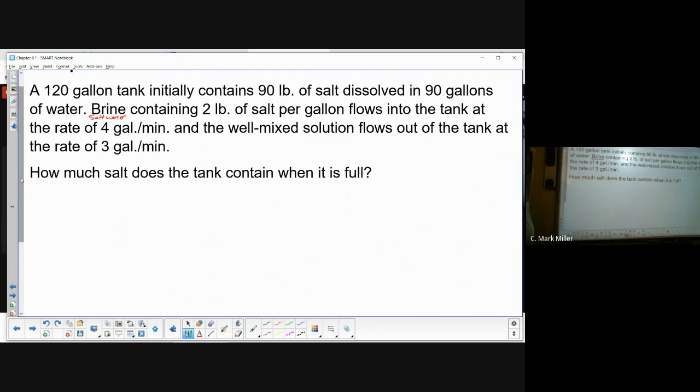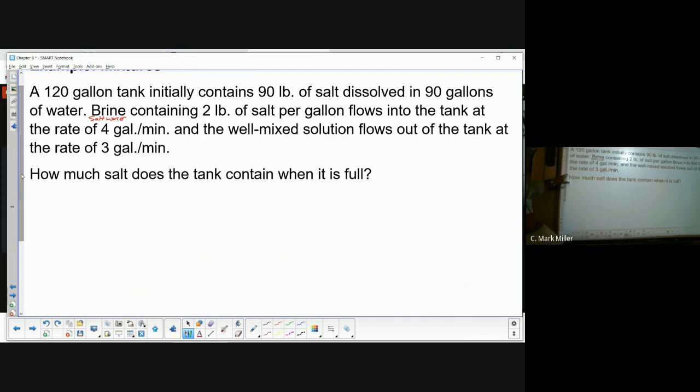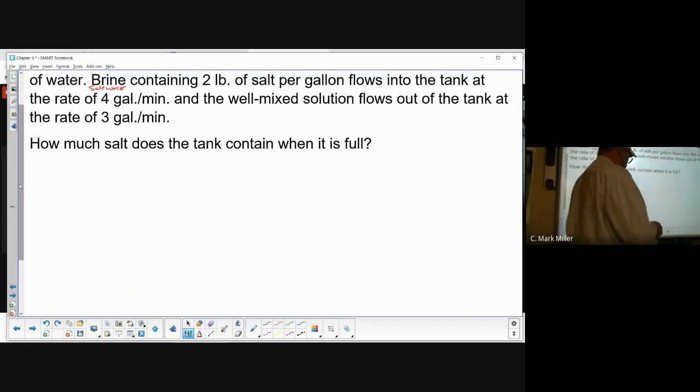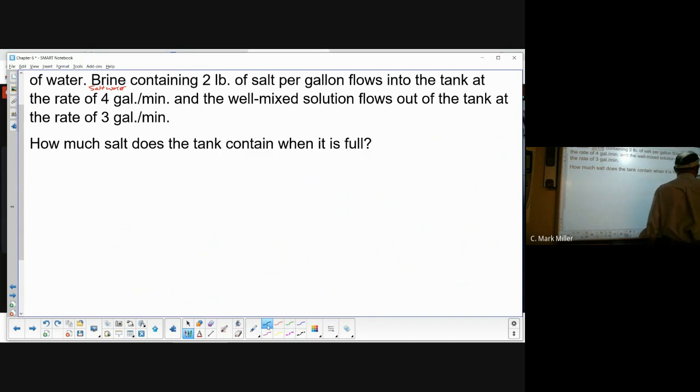And the well-mixed solution, so it's getting mixed up, flows out of the tank at 3 gallons per minute. How much salt does the tank contain when it is full? Okay. So you have a 120-gallon tank with 90 gallons in it. My recommendation is to make a drawing of the 120-gallon tank.